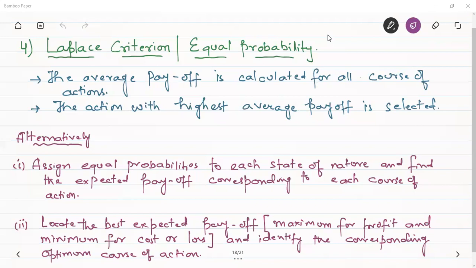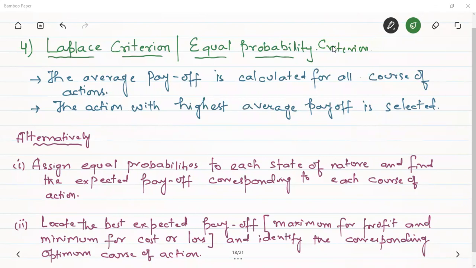It is also known as the equal probability criteria. What it states is that the average payoff is calculated for all the courses of action. That is, for all the strategies, the average payoff is calculated, which is simply the mean average.